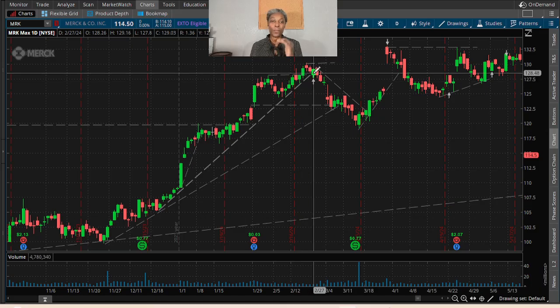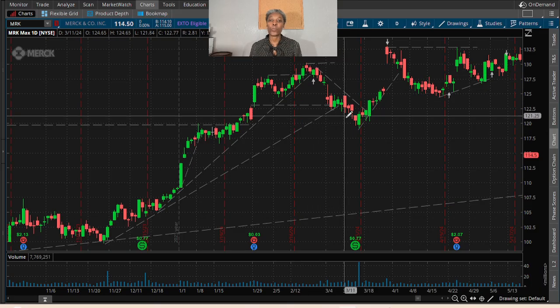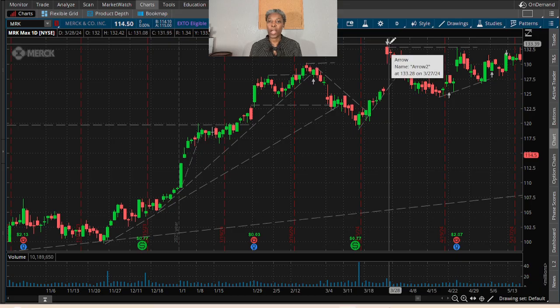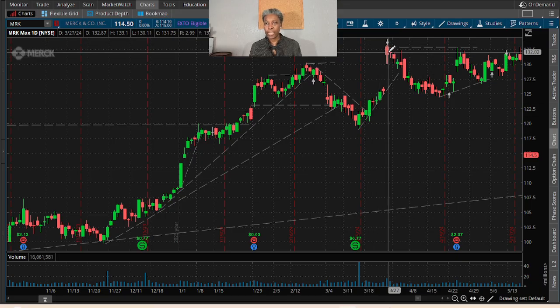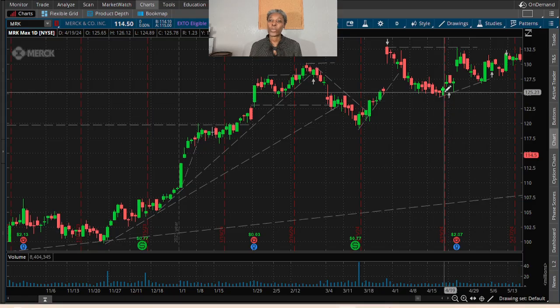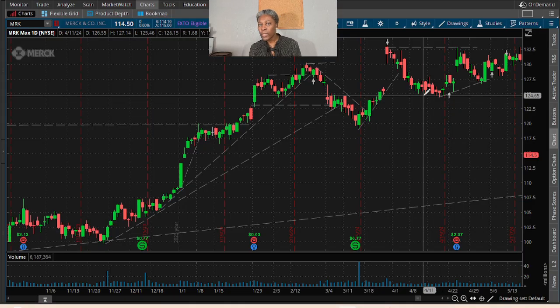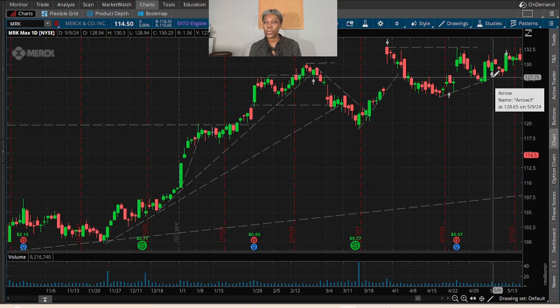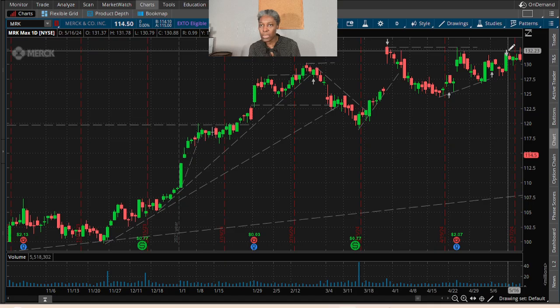But it ended up breaking that support line and pulling back. So we got stuck in it and we sold it higher up here, and then it zagged again, and when it was about to zig again, we bought it there. I'm not seeing where we sold it, but I'm seeing this one where we bought it again. Okay, and I'm seeing here that we sold.